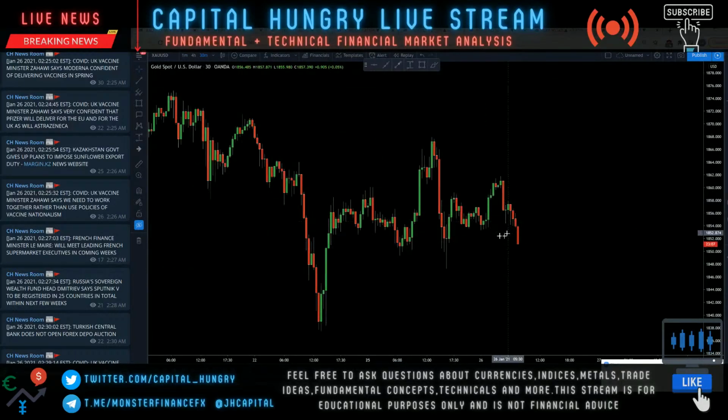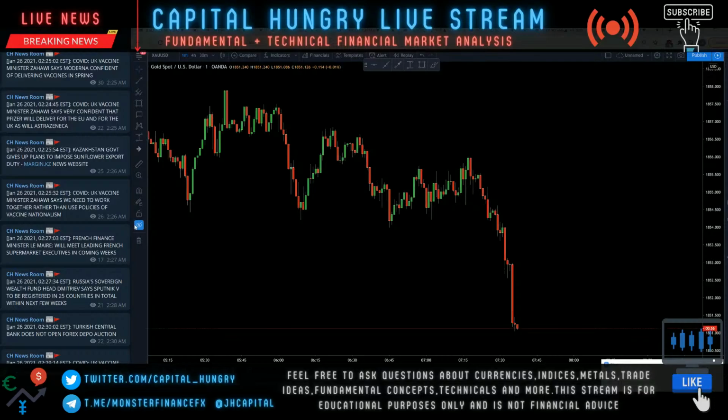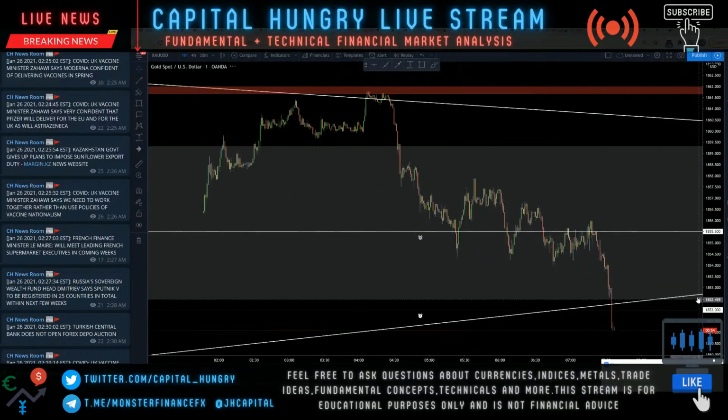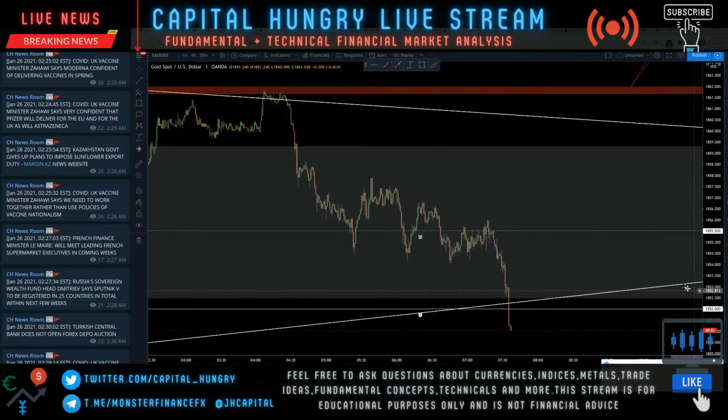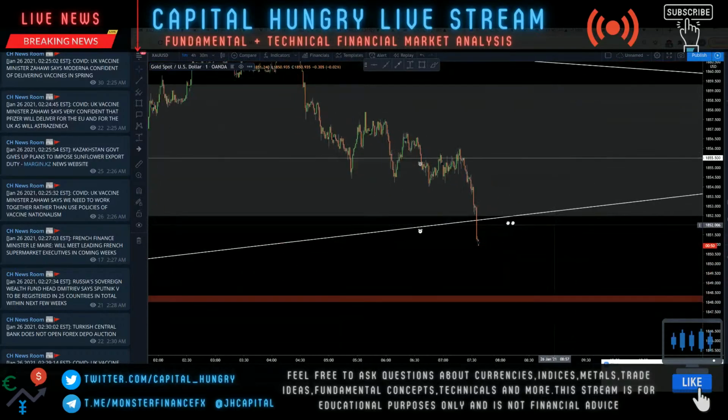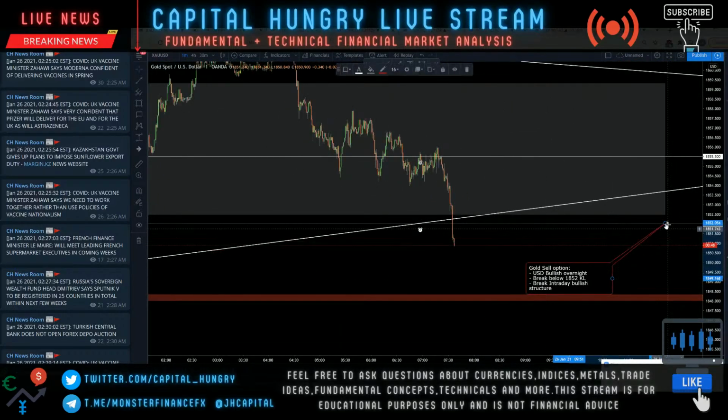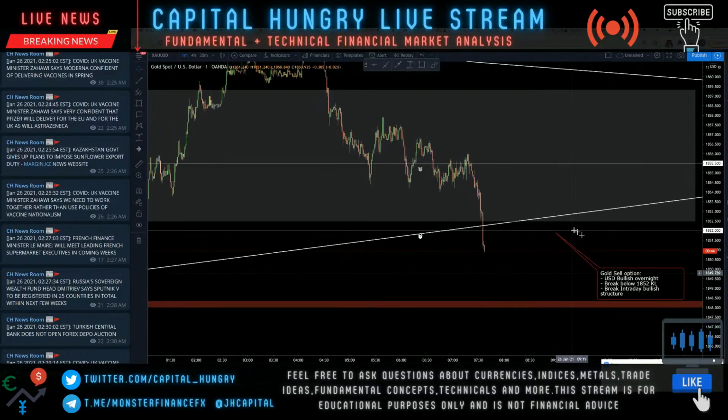This is a nice 30-minute bearish close below this zone, where if we could get a retest, or if you already got an entry, just continue down the ranges for London volume. So let's keep an eye on that.